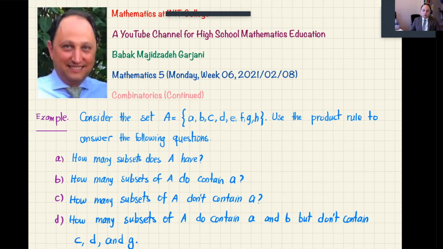And the number of possibilities for a later stage must be independent from how we have done all the previous stages. So even if you're lazy to write all these details on the paper, please try to review these things in your mind, because it would be crucial to understanding and using the product rule effectively.